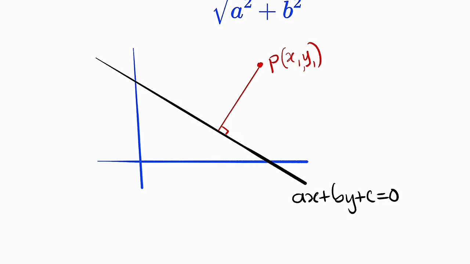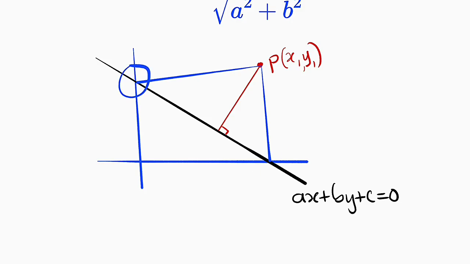But what I would like to use here is the area of a triangle, because we can simply form a triangle here by connecting this point to this y-intercept. Likewise, the same point to this x-intercept. So now you can see the perpendicular distance that we are looking for is the height of this triangle. So let's find the coordinates here and here.